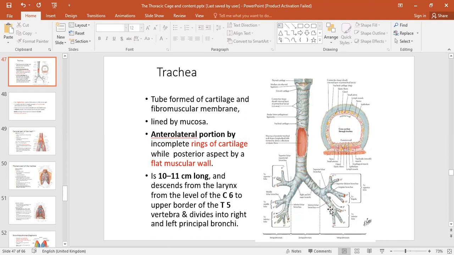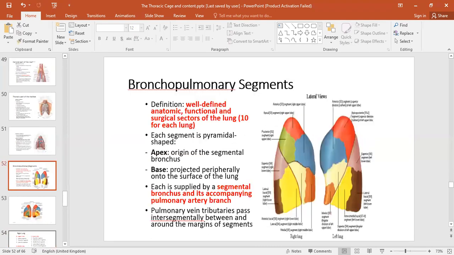On the left side, they go to the superior lobe and inferior lobe, so left side 2. Now, since we said there are about 8 or 10 segments, depending on your genetic makeup, you may have 10 segments in each lung, or you may have 8. So depending on the number of segments that your lung has, is going to determine the number of tertiary bronchus that we have. Now, tertiary bronchus supply segments.